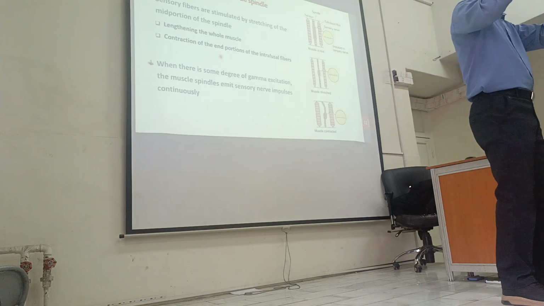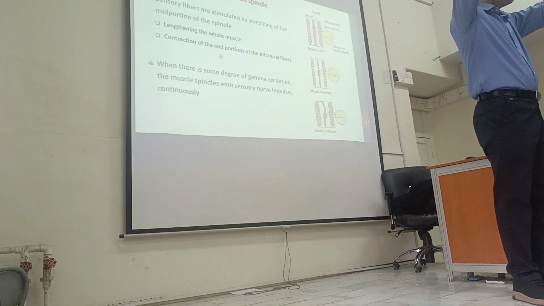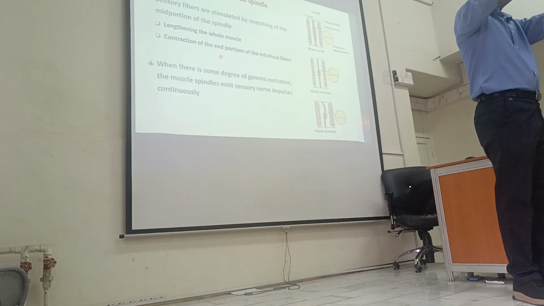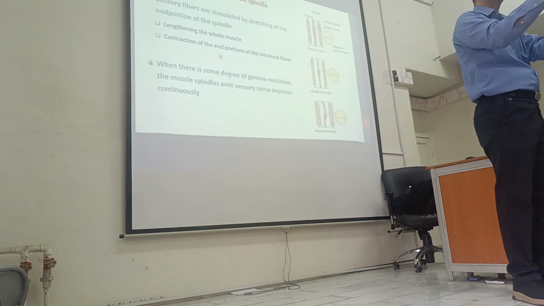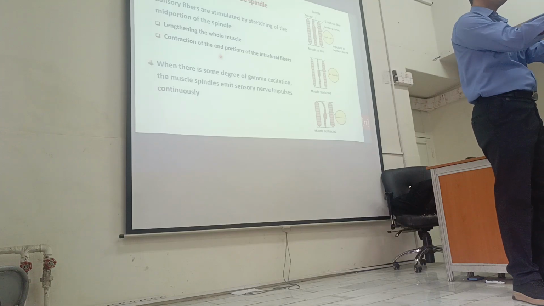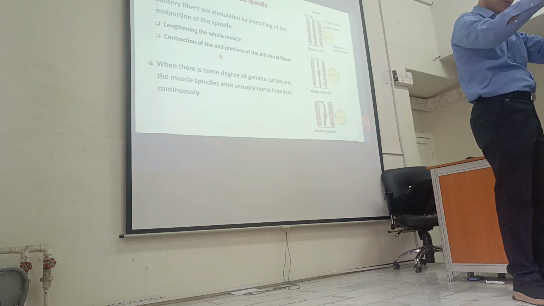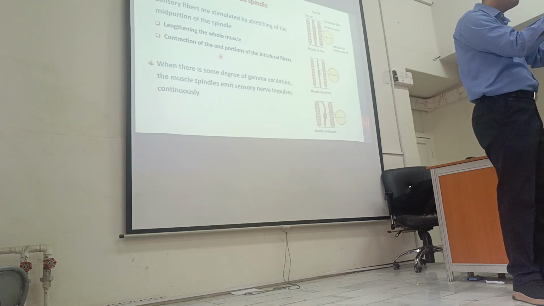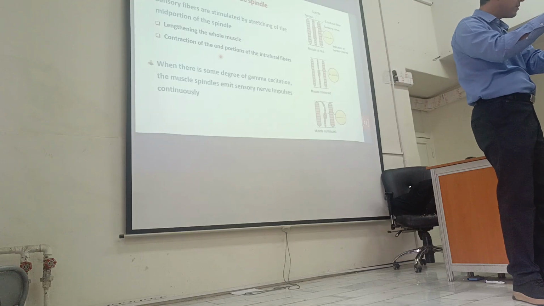Again, you know that gamma neurons innervate the two ends that can contract. If gamma neurons are activated, the two ends contract. What happens to the middle? Stretch. The size of the muscle is the same, but the spindle is stretched only, right?